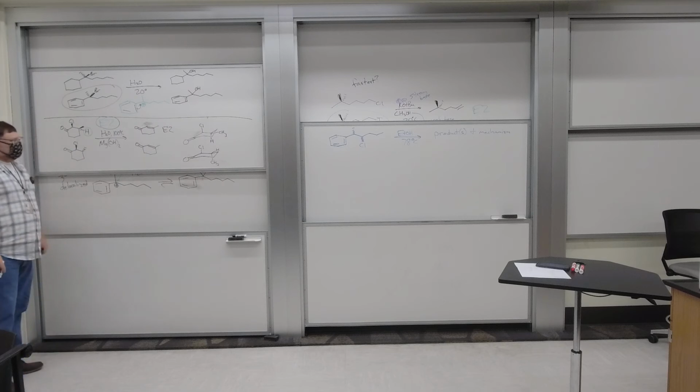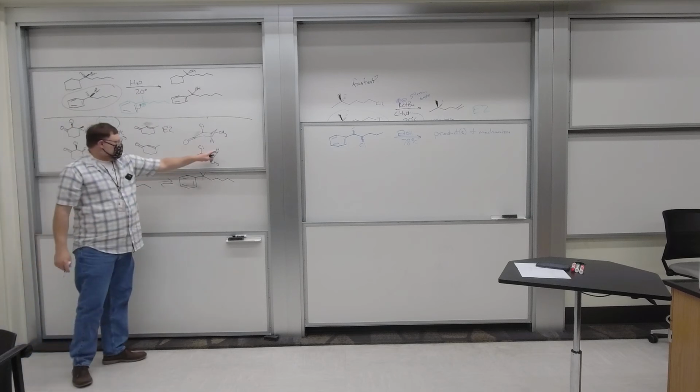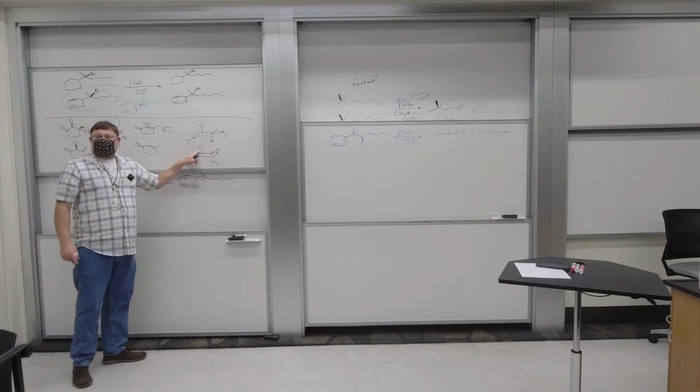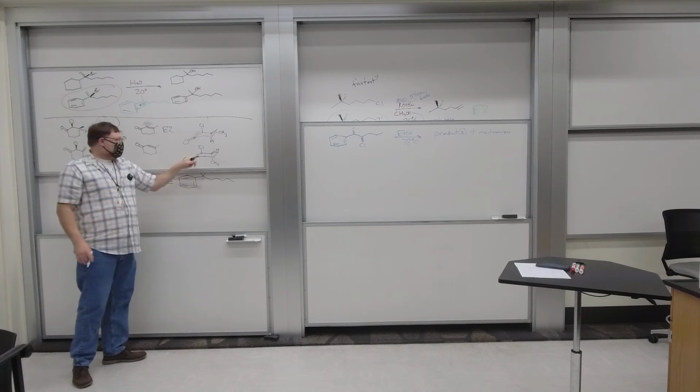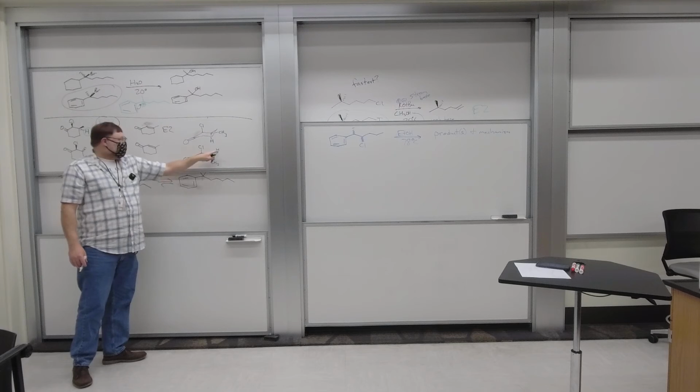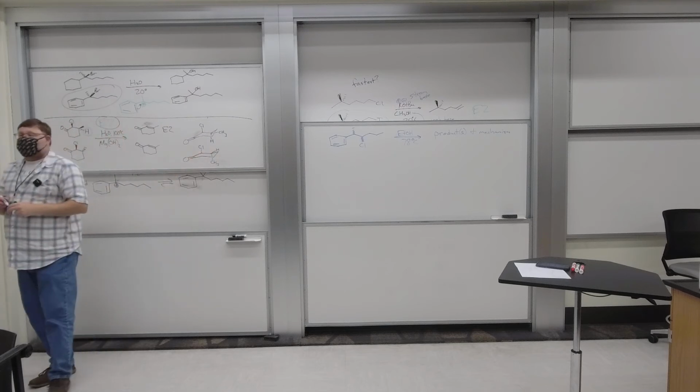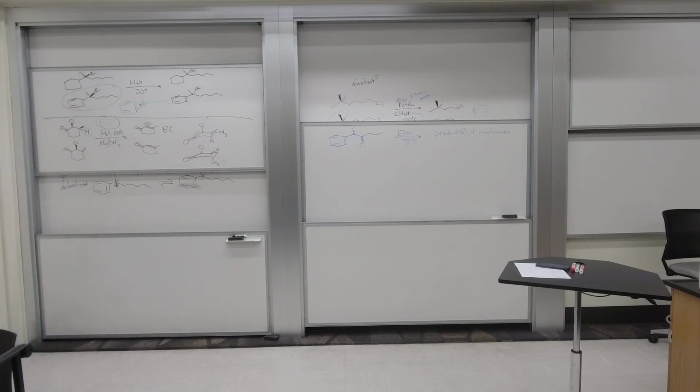This H here is gauche to the chlorine. If I do a chair flip, it's still going to be gauche to the chlorine. There's no way to make that H anti to this chloride, which means that H cannot be involved in an E2 reaction. That's going to make it slower.